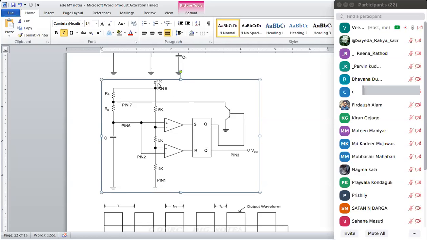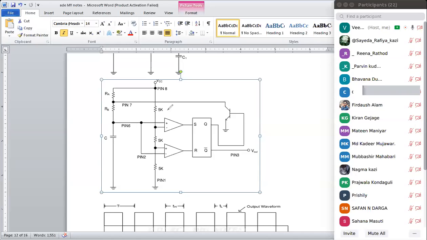VCC is connected to pin number 6 here, and directly to ground through pin 1. In between there is a 5 kilo ohm resistance, another 5 kilo ohm, another 5 kilo ohm, dividing by 3. For comparator 1, what will be the voltage divider formula?